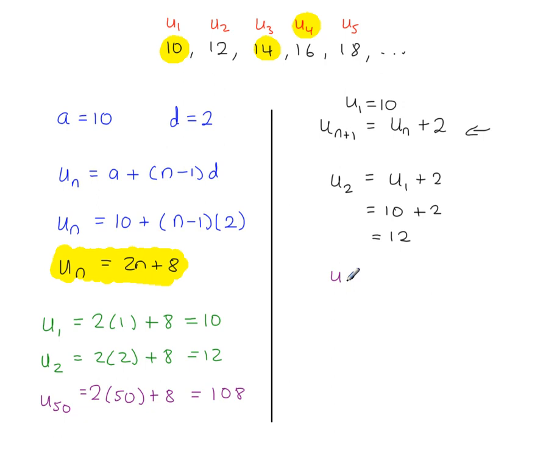And then I can generate the third term and say, well, it's the previous term plus 2. The previous term is 12 plus 2, and I get 14. And then if we continue like this, u4 is equal to the previous term plus 2. The previous term I've just worked out is 14 plus 2, and I've just worked out the fourth term in the sequence.